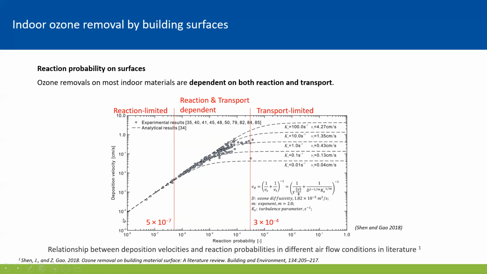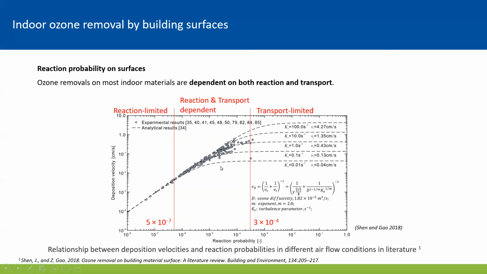Therefore, deposition is reaction limited. When reaction probability is larger than 3 times 10 to the minus 4, reaction probability does not impact the deposition, and the deposition is only impacted by the transport. So therefore, the deposition within this range is transport limited.